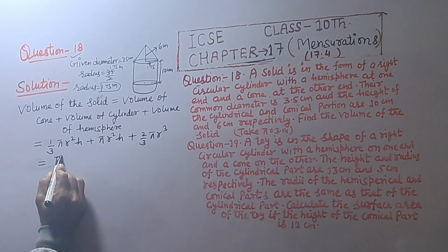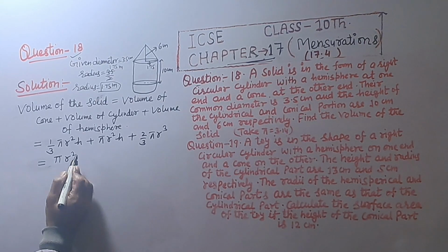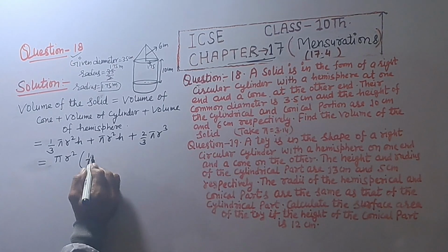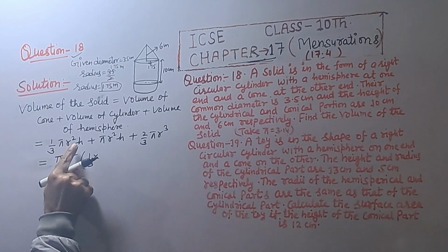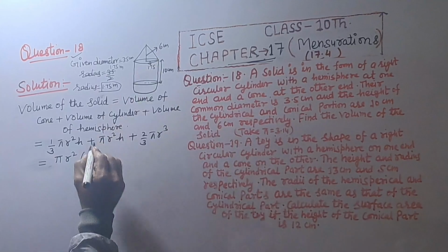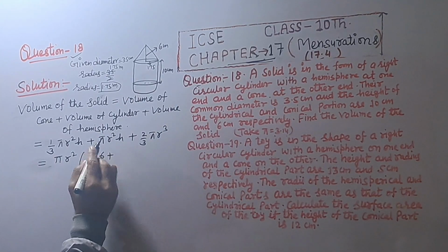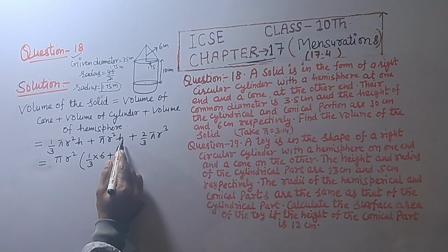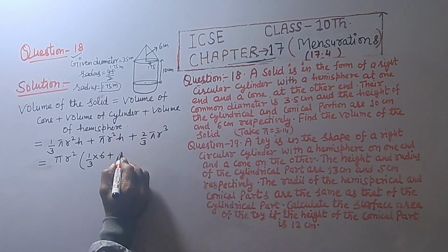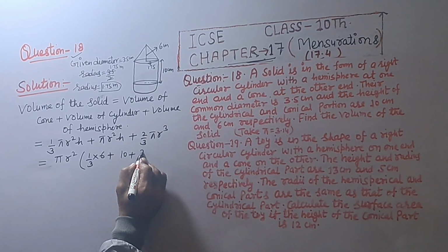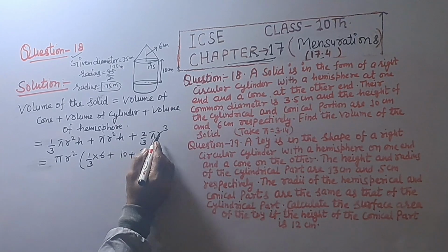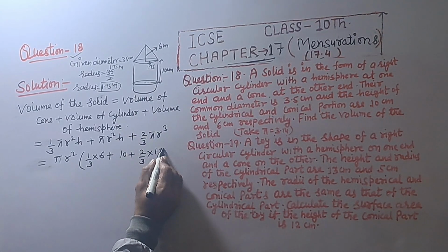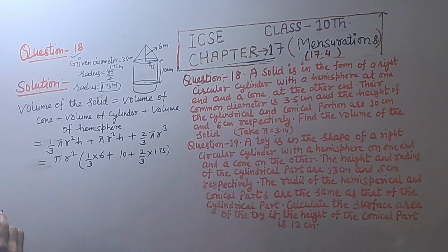Pi r square is common, so 1 upon 3 into height of cone that is 6, plus height of cylinder that is 10, plus 2 upon 3 into radius 1.75.